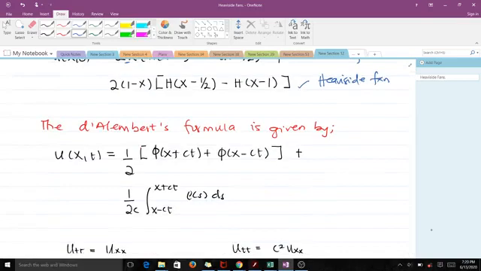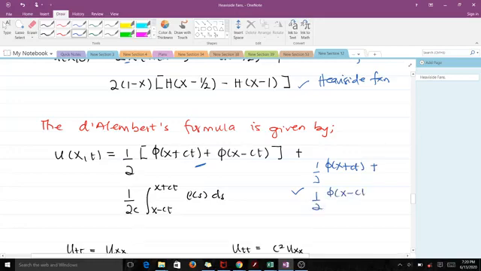So we quote the D'Alembert formula, which is given by what we can see here. You should note that we can expand it, and this will give us 1 over 2 of phi of x plus ct, then plus phi of x minus ct.